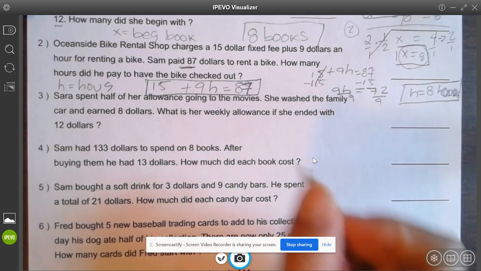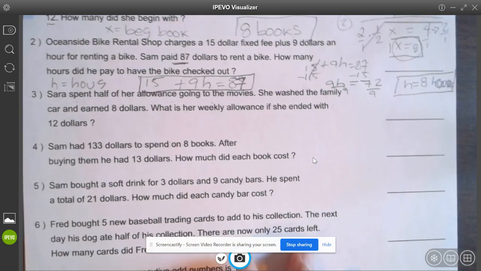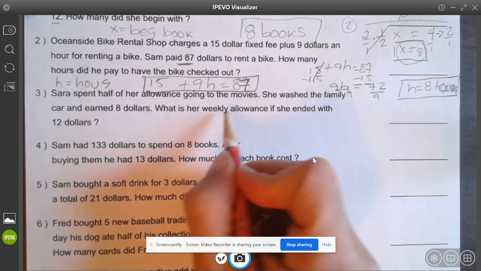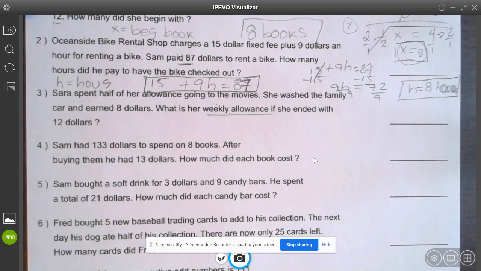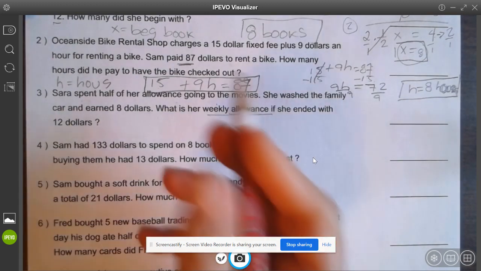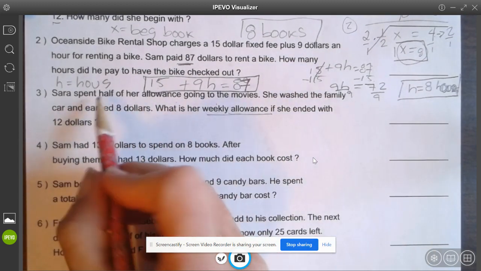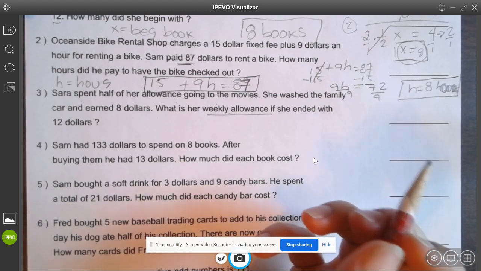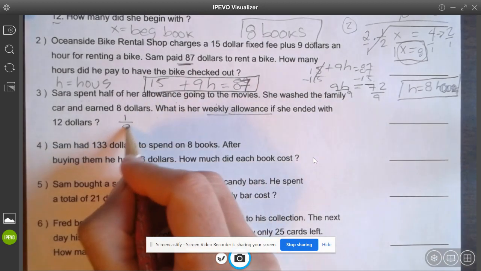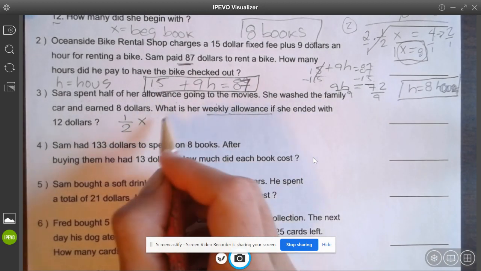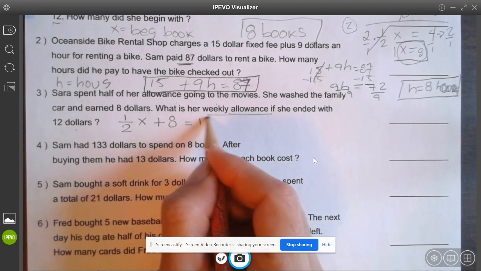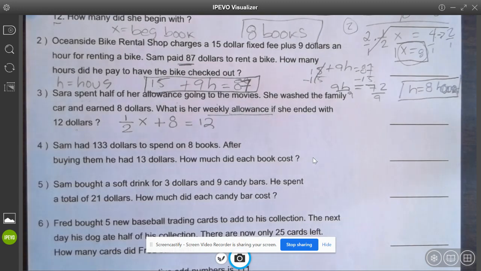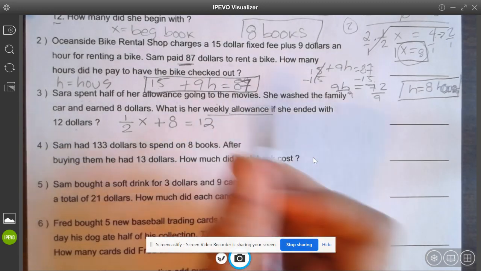That sounds like the total. So let's write it down. We want to know the weekly allowance. So I'm going to use A, or you can use X. It doesn't matter. So she spent half of it, but we don't know how much it is. So half of X plus $8 equals 12, right? Because that's what we're looking for, the total.